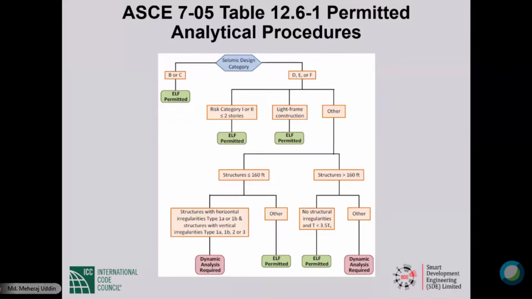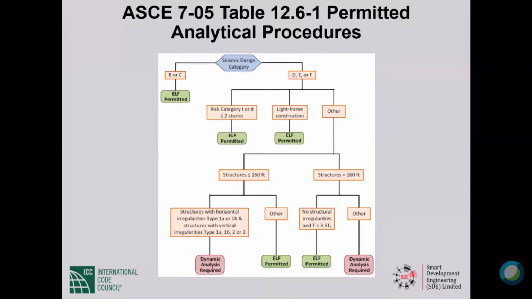ASCE 7-05 will never force dynamic analysis procedure on a design category B or C structure. If it is design category D, E, or F, this light frame and stuff you can ignore. If it is D, E, or F, then there is a major division. Are we talking about buildings taller than 160 feet in height or up to 160 feet in height?